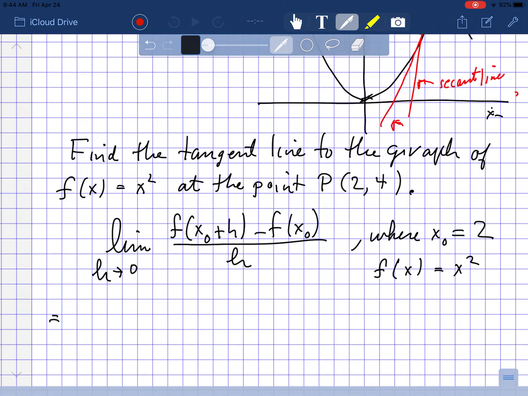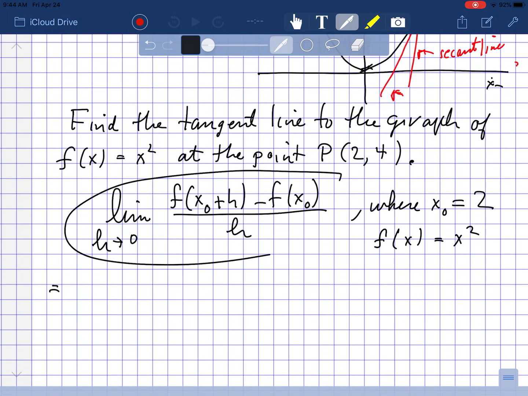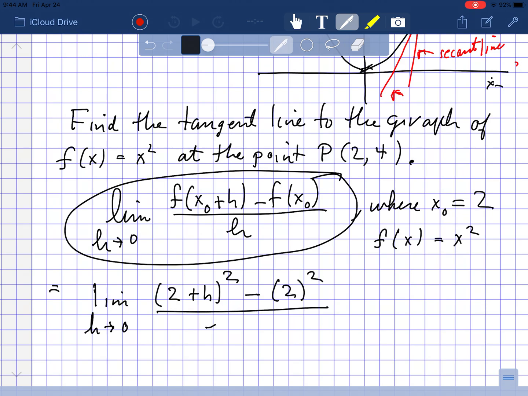So this limit that we want to look at, in this particular example, is going to be the limit as h goes to 0 of 2 plus h squared minus 2 squared divided by h.